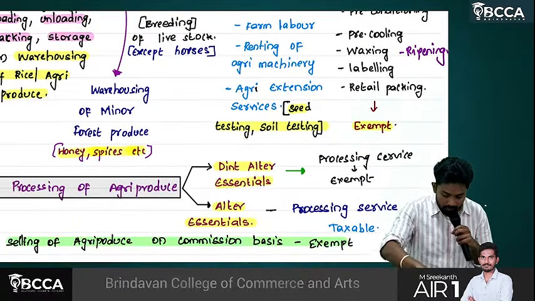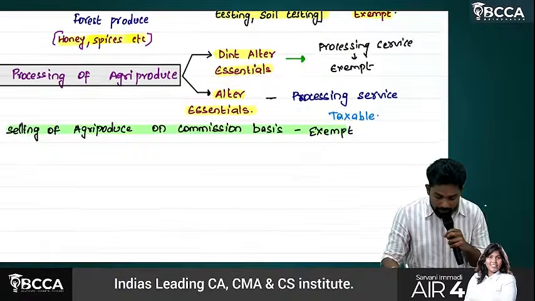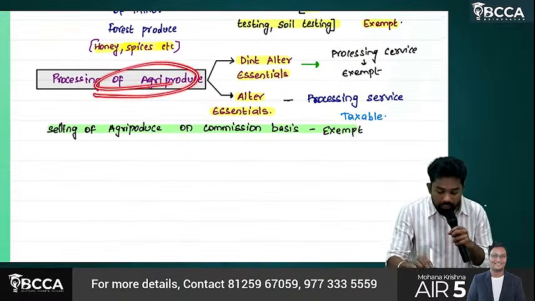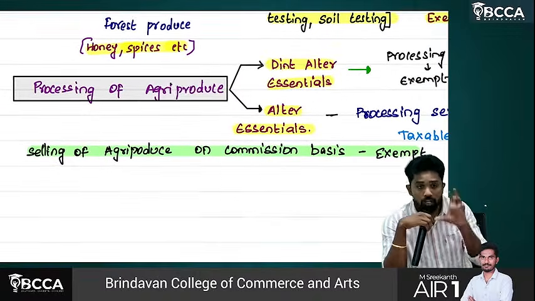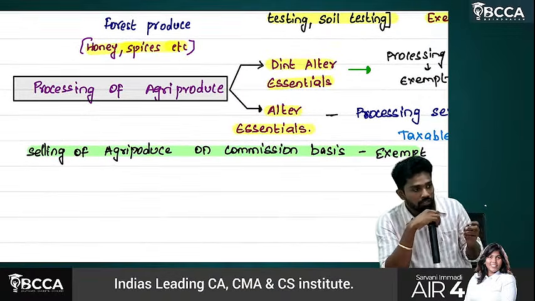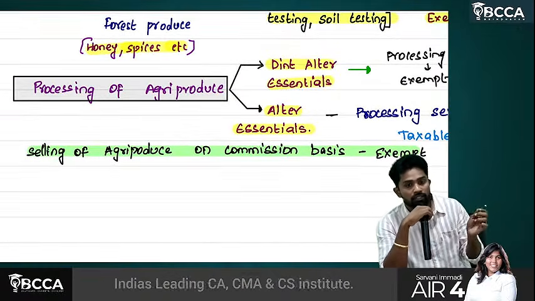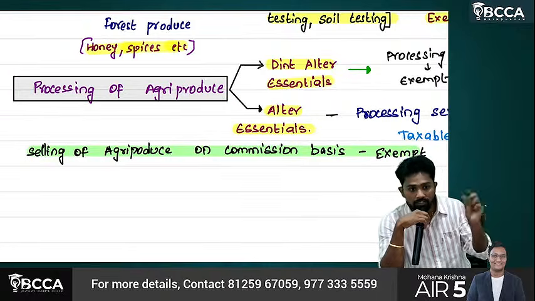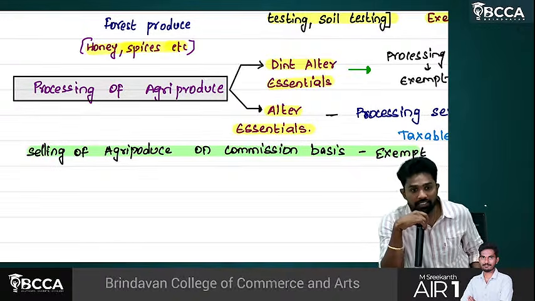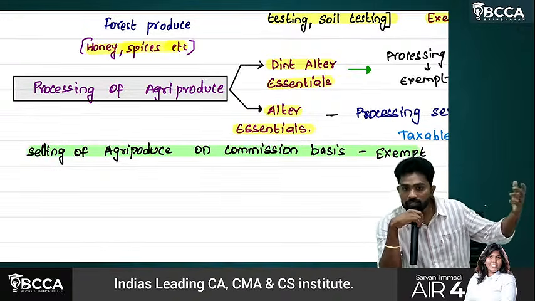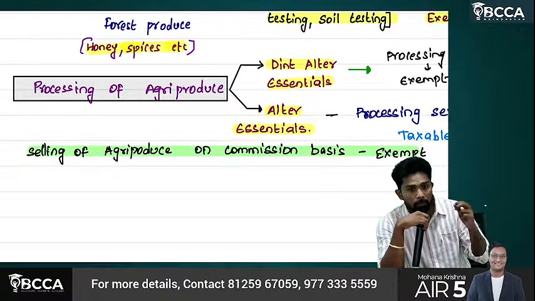Then processing of agri produce. When any agri produce is being processed, sir, let's say corn. If you take corn, they pluck the seeds separately. That process will not change any essential characteristics. That process is exempted. Then paddy.